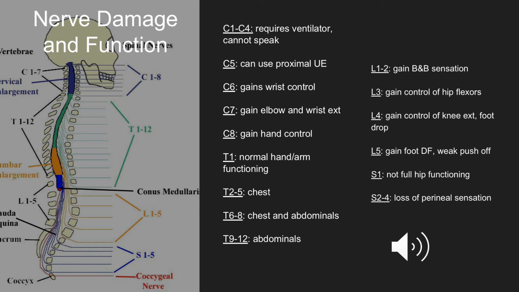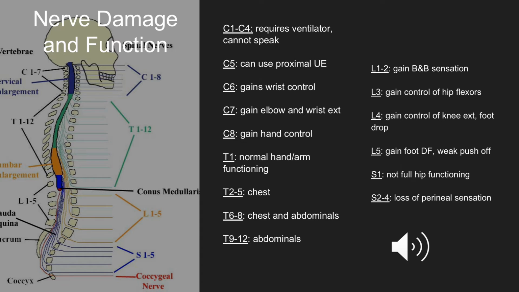In the thoracic spine, an injury to T1 would show with normal hand and arm functioning, and then all of the rest of the thoracic spine deals with more trunk functioning. In the lumbar region, L1 and L2 injuries will affect the bowel and bladder functioning, and the rest of the lumbar functioning will affect the lower extremities.